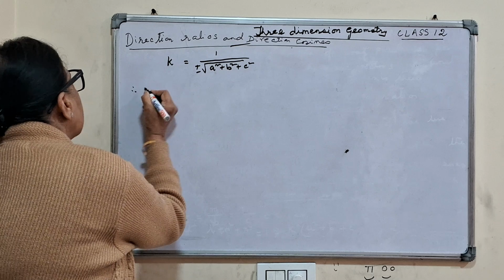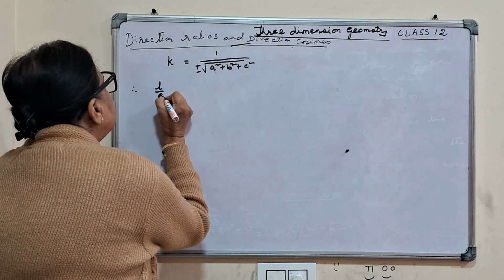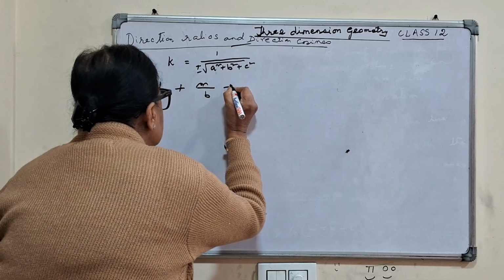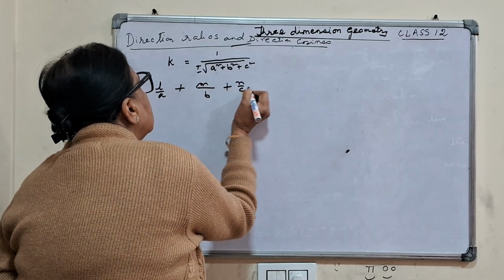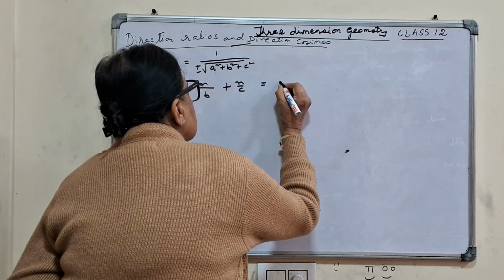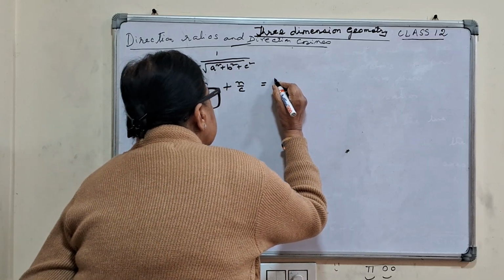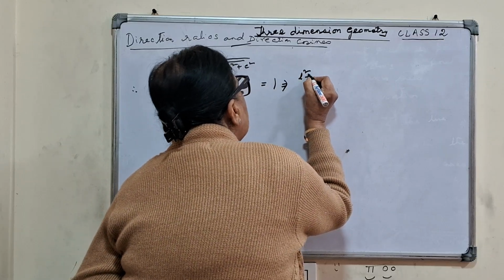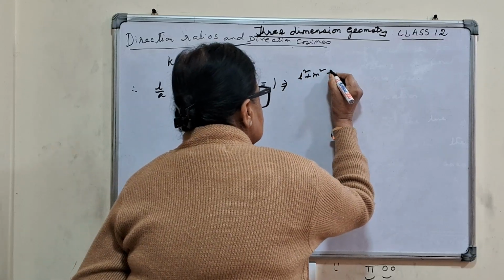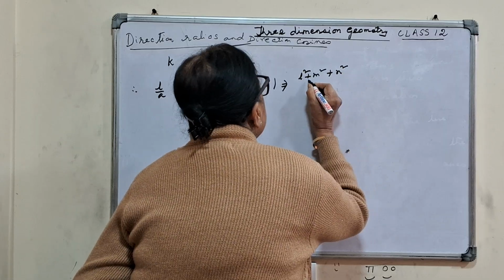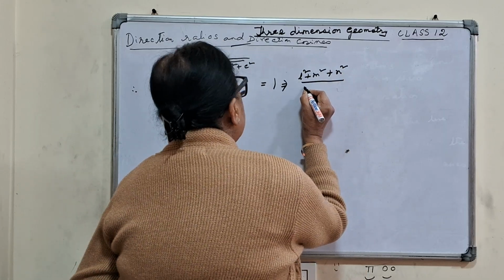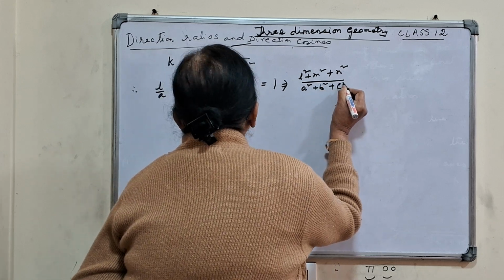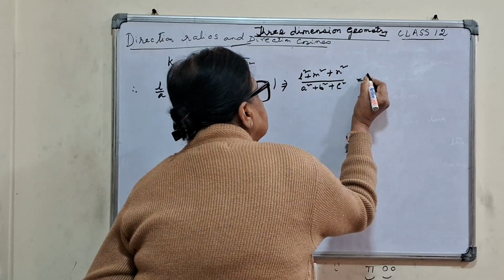Therefore, L by A is equal to M by B is equal to N by C is equal to K, which implies, I write the square of it, that is L square plus M square plus N square divided by A square plus B square plus C square is equal to K square.